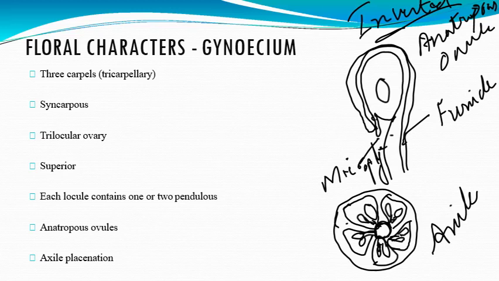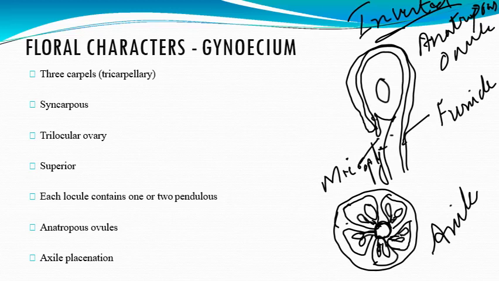In Euphorbiaceae, each locule that is present within the carpel contains an ovule, and these ovules are in a hanging downward position that we call pendulous.